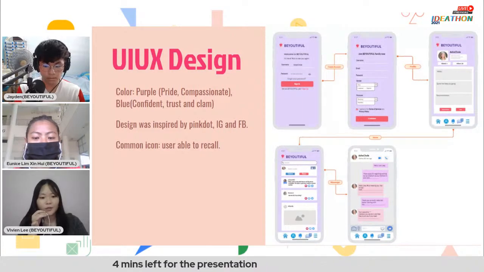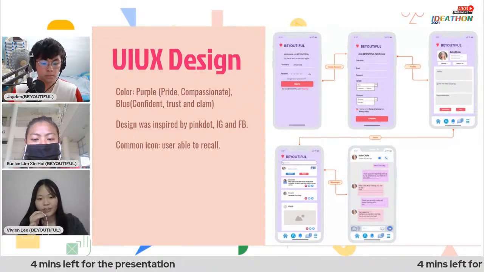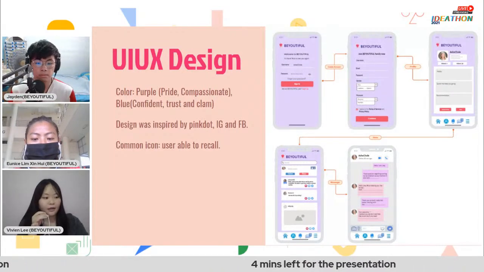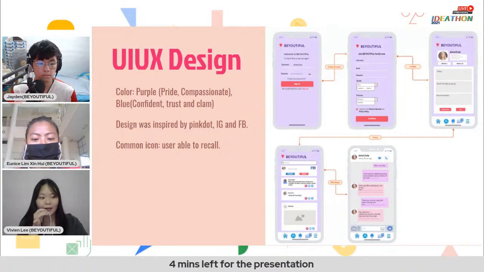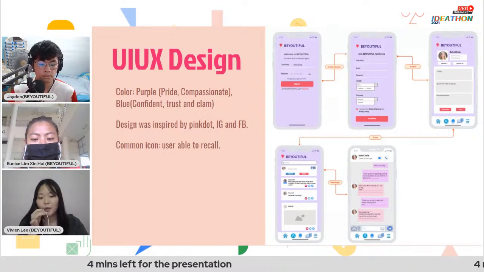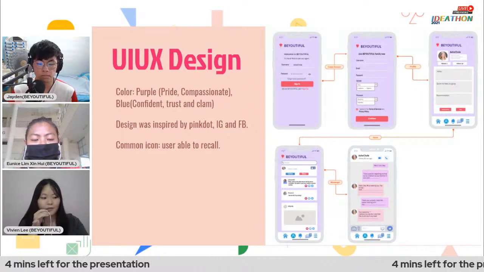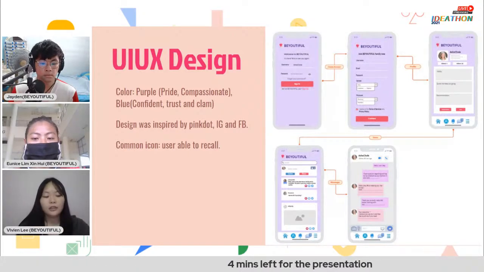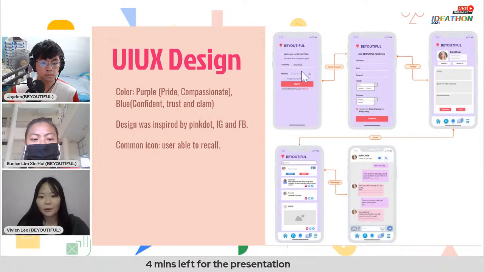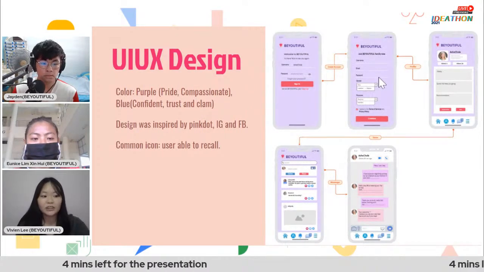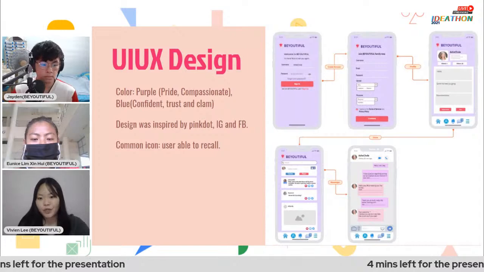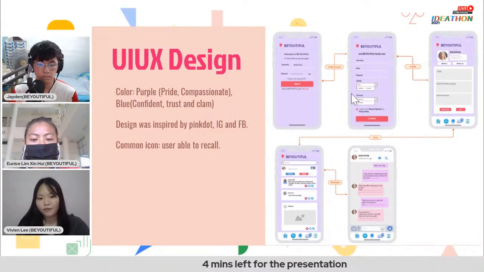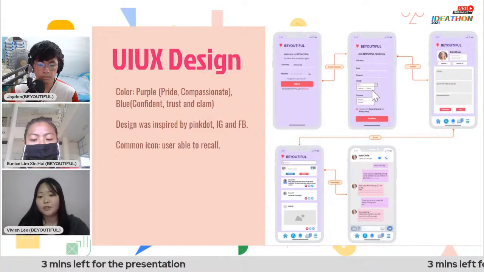The design was inspired by Pink Dot SG, Instagram and Facebook. We also used some common icons that users can easily recall. Now let me talk about the design layout. As you can see here, this is our login and this is our sign up page. Users are required to fill in all the required fields. We also got some feedback from our LGBT community.